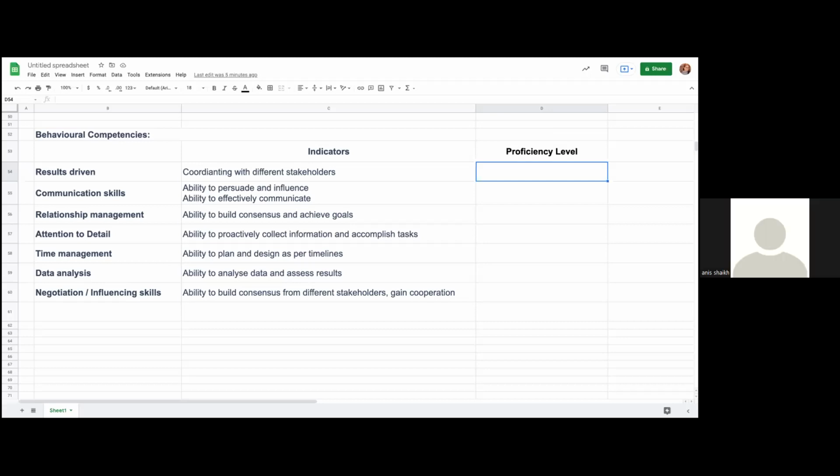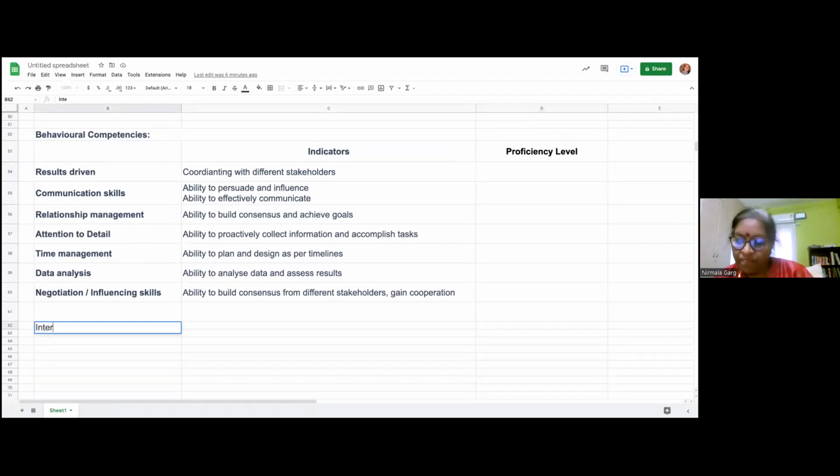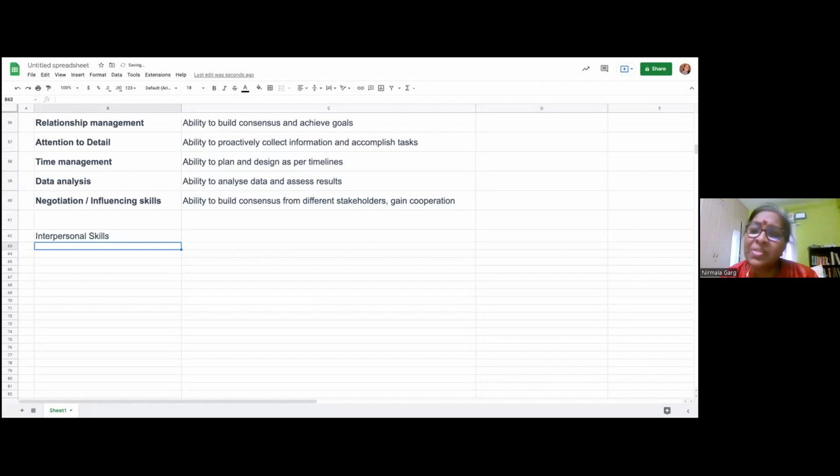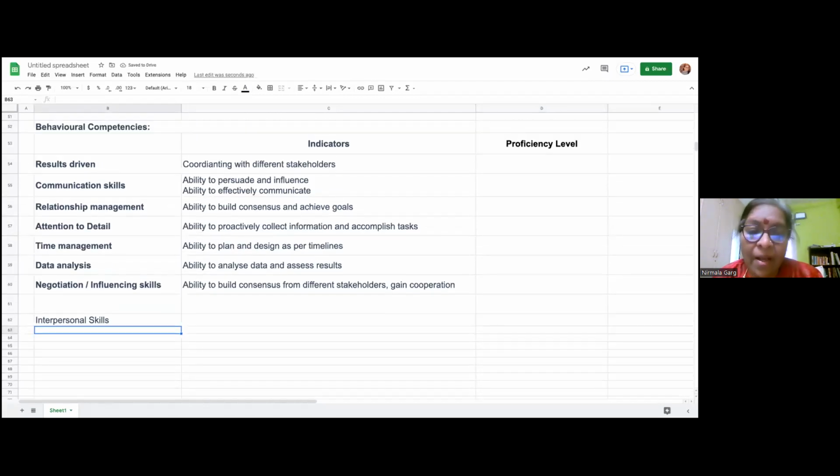Minu, can you write interpersonal skills? Interpersonal skill is a skill and also a behavioral competency. What could be some of the right 5 to 6 behavioral indicators?